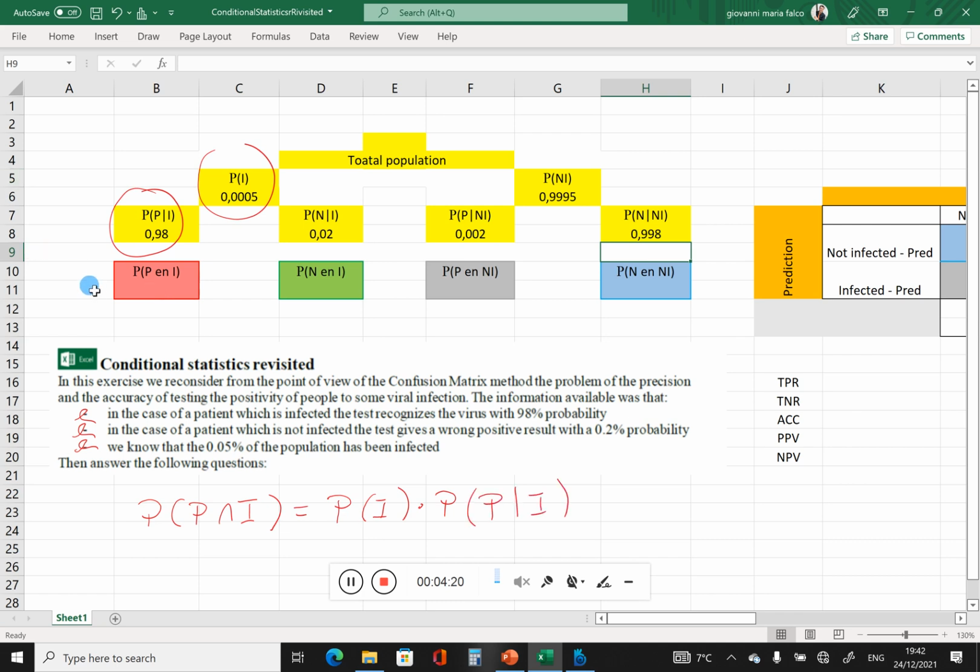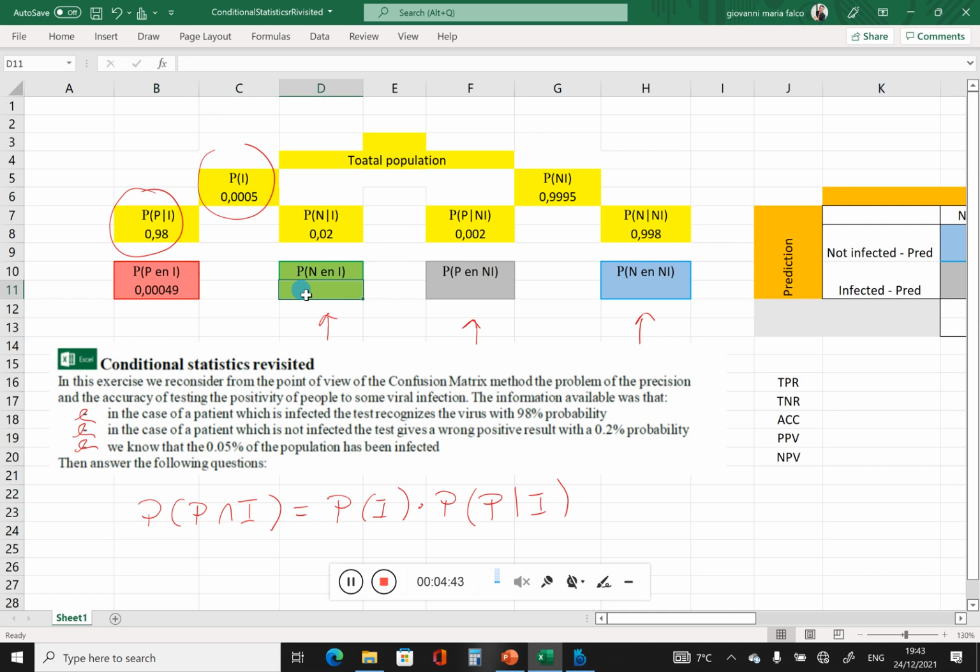This means that we have just to take the product here of this probability times this other one.